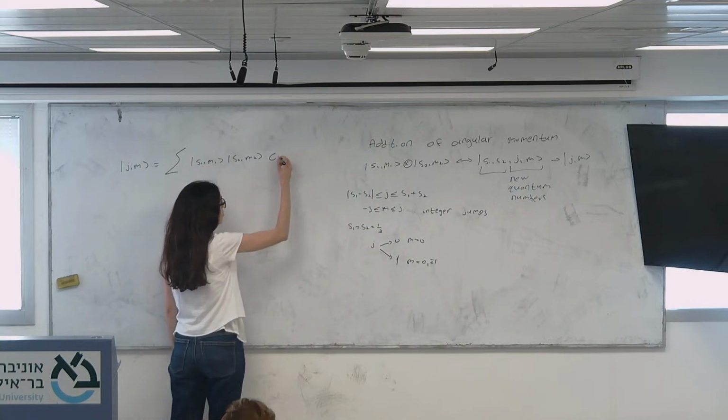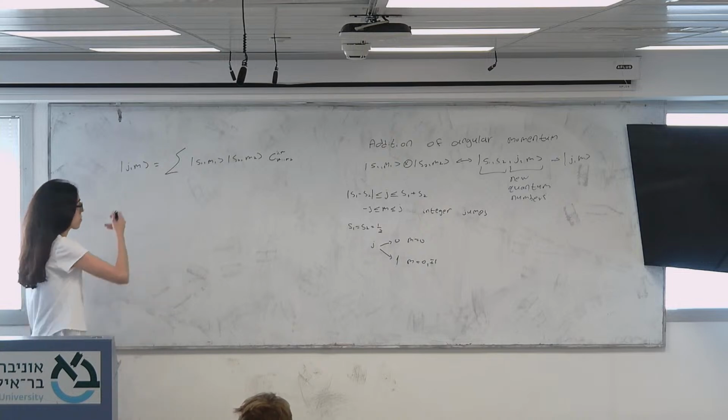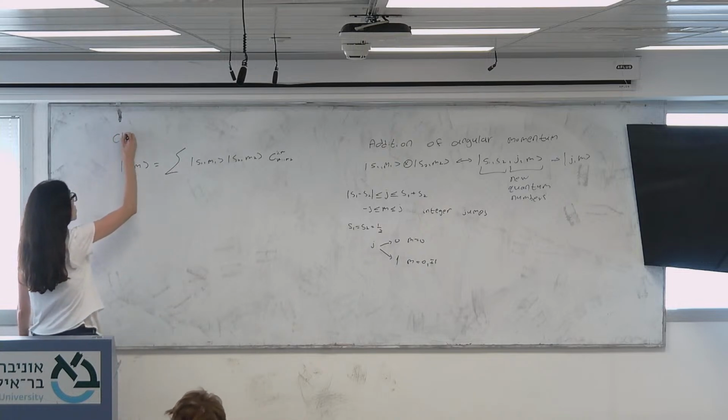So this will be C of m1, m2, J and M. Those coefficients are called Clebsch-Gordan.